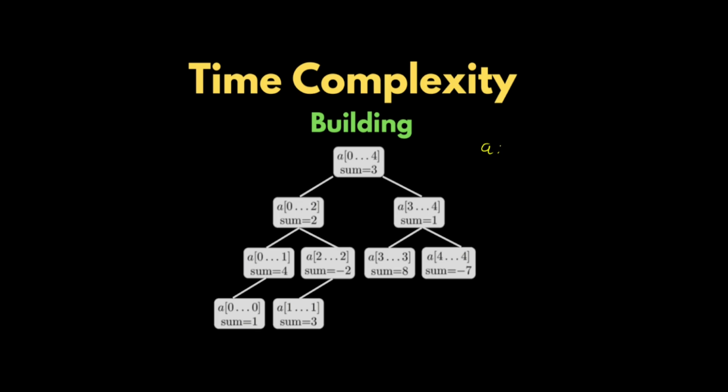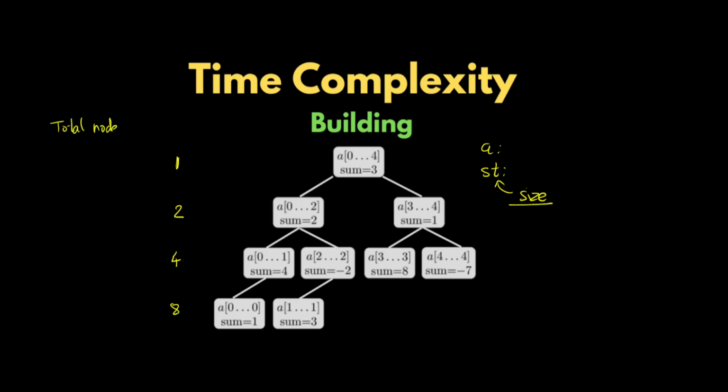To build a segment tree, we must already have an array, and we are going to initialize a segment tree array. If you want to find out what will be the size of the segment tree array, we can find it using this formula. The root node level will have only one node, the second will have 2, third will have 4, and so on.